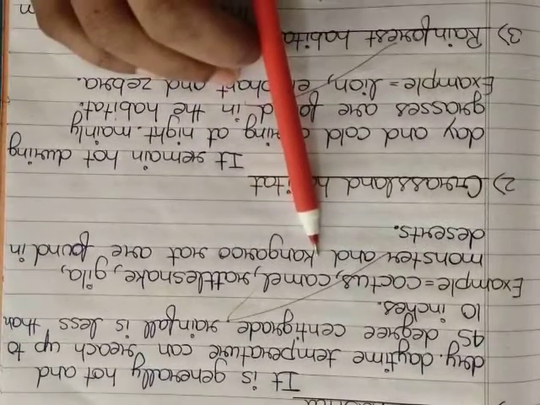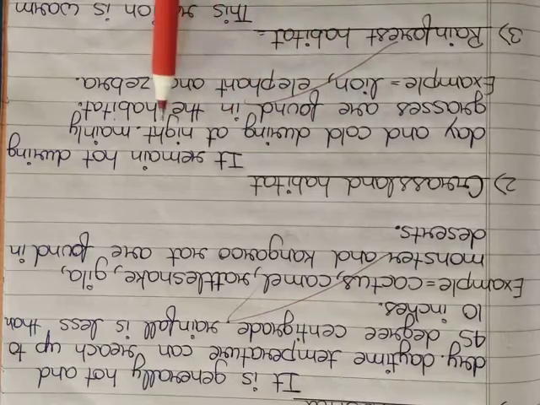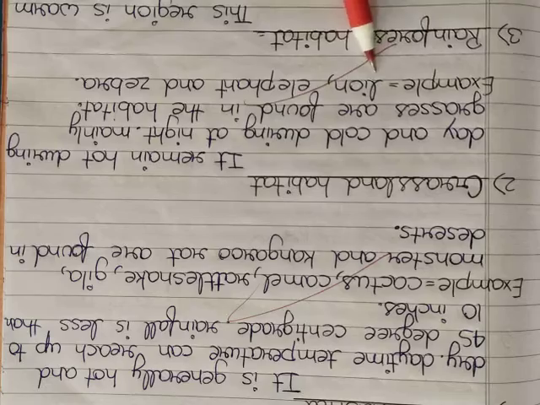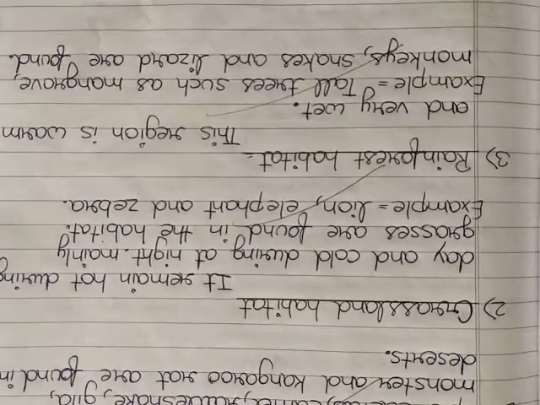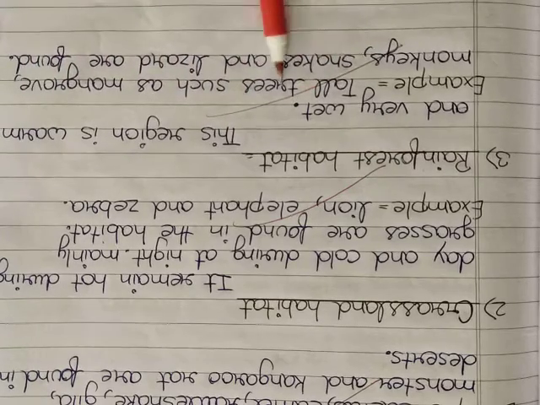Next is grassland habitat. It remains hot during day and cold during night. Mainly grasses are found in this habitat. Example, lion, elephant and zebra. Third is rainforest habitat. This region is warm and very wet.